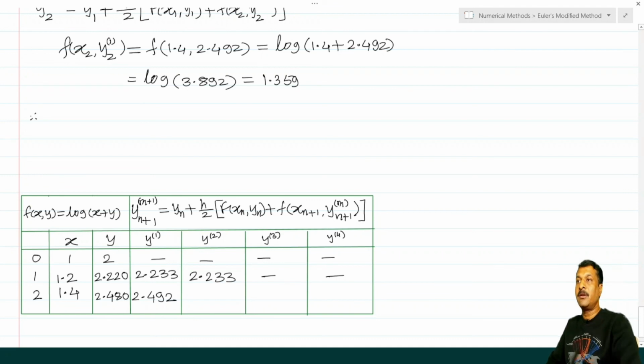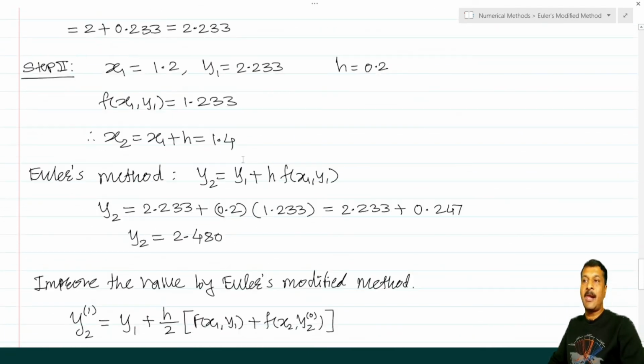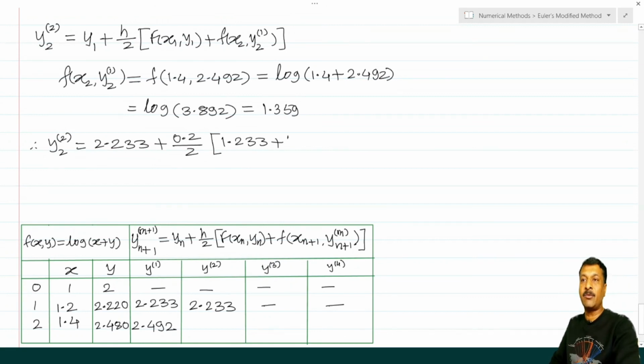Therefore the value of y2 with improve, second position, is equal to y1, the last value, 2.233, plus h 0.2 by 2 f of x1 y1. Note that here f of x1 y1 is 1.233 plus f of x2 y2 with the recent modified value, that is nothing but 1.359.